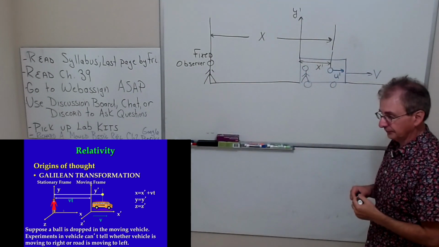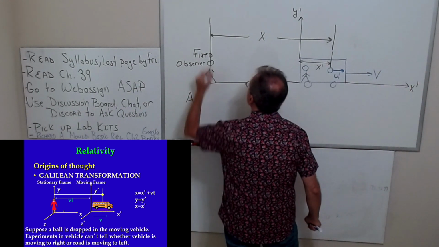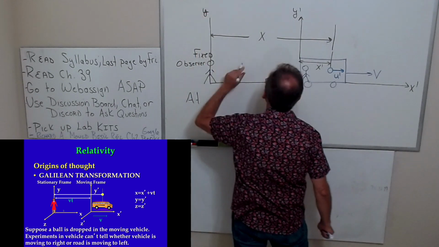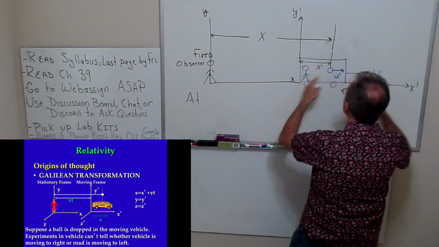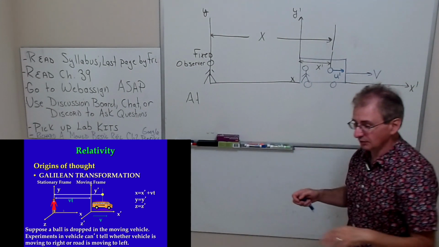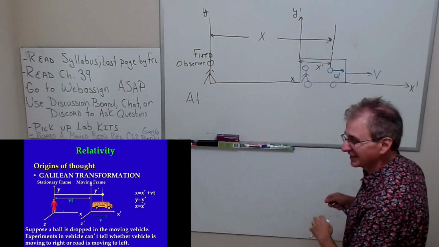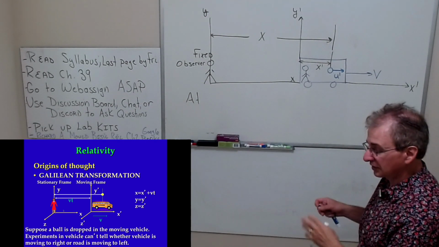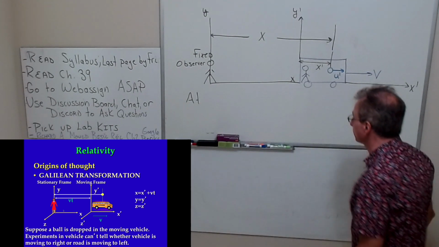By the way, this coordinate system I'm going to call y, and the x-axis I'm just going to call x. The moving one, I'm always going to call the prime system. The one that's stationary relative to us is the unprime system.